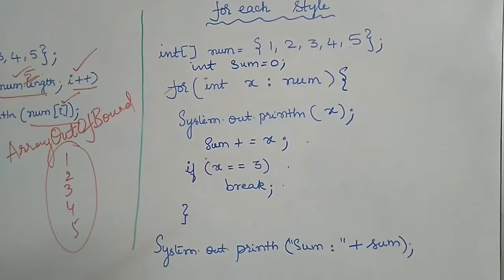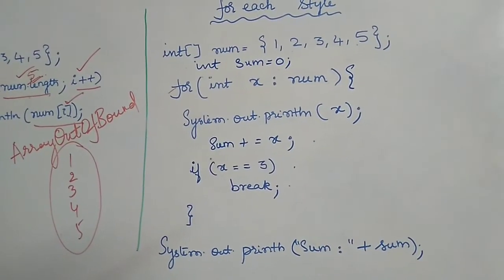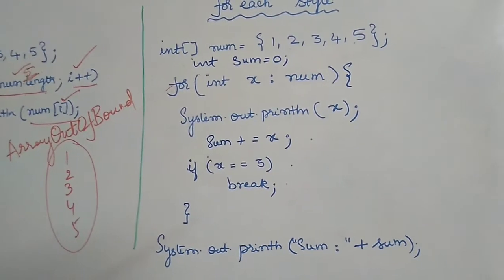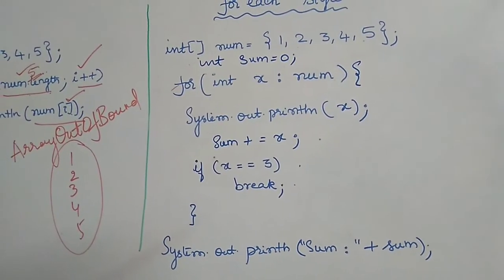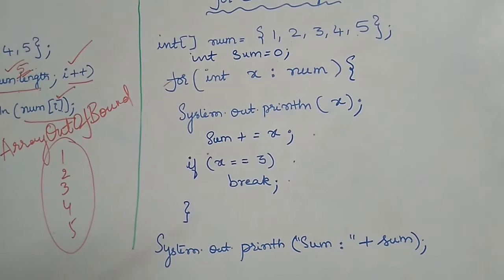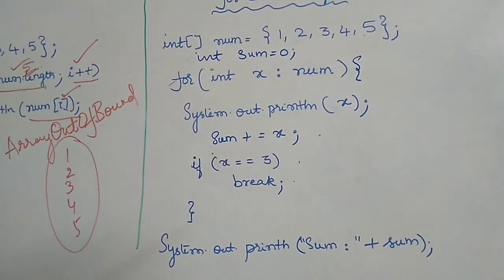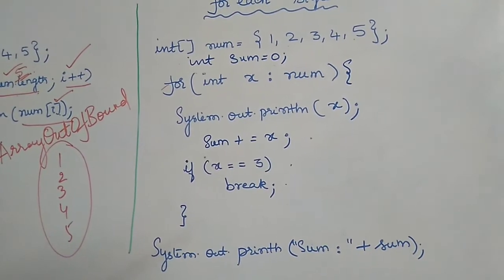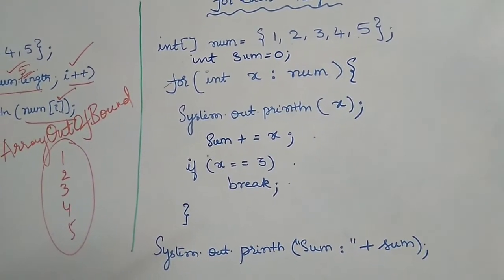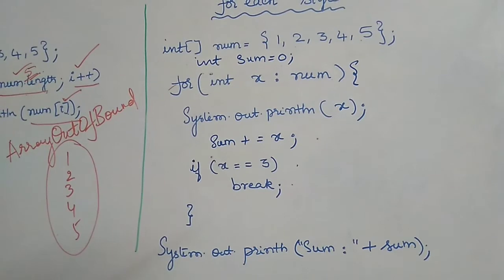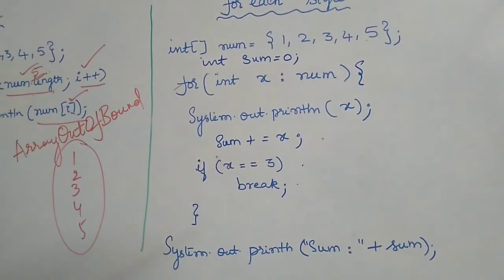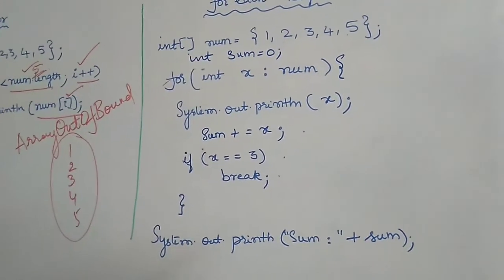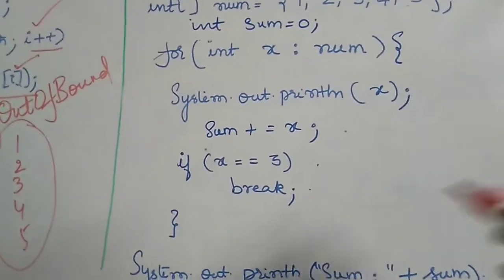Let's take a look at this particular program. We already know that for each style iterates the array from the lowest index to the highest index, and the loop will be executed till the elements of the array are exhausted. You can also terminate the loop early by using break.